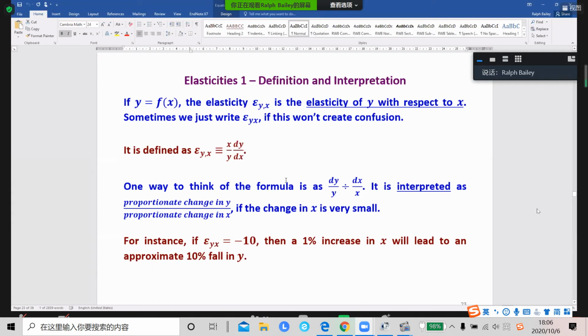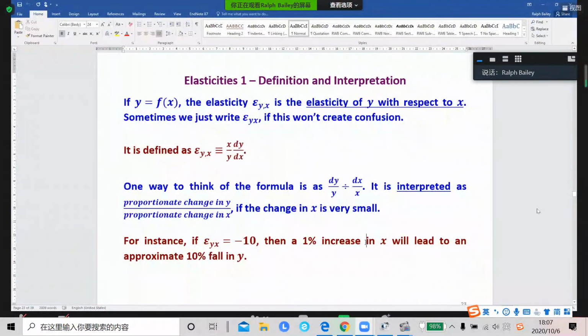For the formula to make sense, if we're allowed to be a little bit mystical and work in terms of differentials, dy and dx, if you think of d as meaning a small change, then it's a small change in y divided by y, divided by a small change in x divided by x. And if you're allowed to write down formulae like that and manipulate them, you'll get what we have up here.